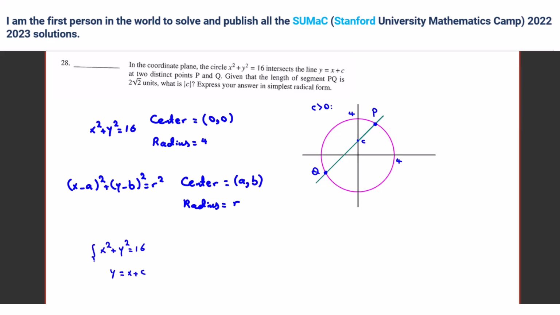If we have these two equations and solve them algebraically, you will find 2 points. One of them is P, one of them is Q, then you can apply the distance formula to the 2 points. Understand? Okay, so try to solve it algebraically, apply the distance formula and find the answer in terms of c.